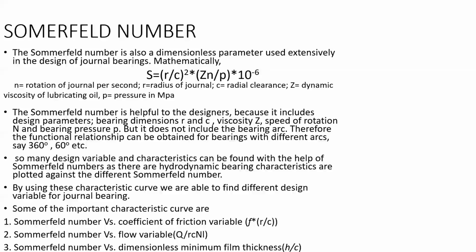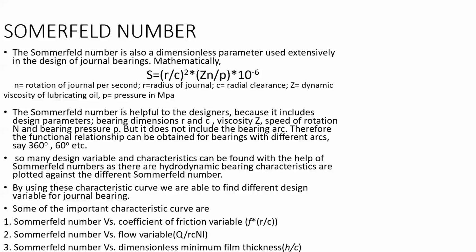It contains the diameter of the journal and the diameter of the bearing, and these two things are included in this Sommerfeld number as the radius of the journal and the clearance. If we know the radial clearance, then we are able to find out the inner diameter of the bearing. Then the second thing is the property of the fluid, that is the viscosity of the lubricating oil.